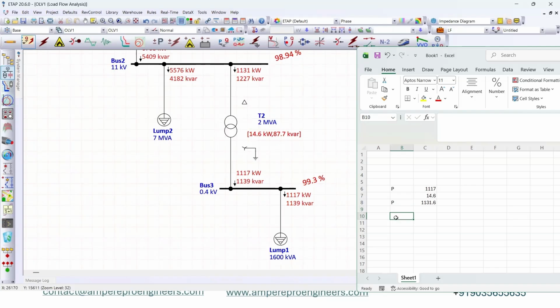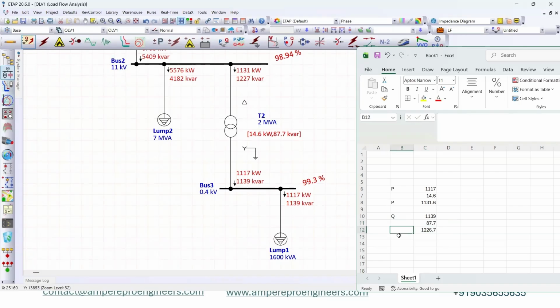Okay, so let's look at this Q. Originally what we need is 1139, right? And because of the transformer, you need 87.7 actually. So together that is 1227, which is nothing but 1226.7. Both are the same.